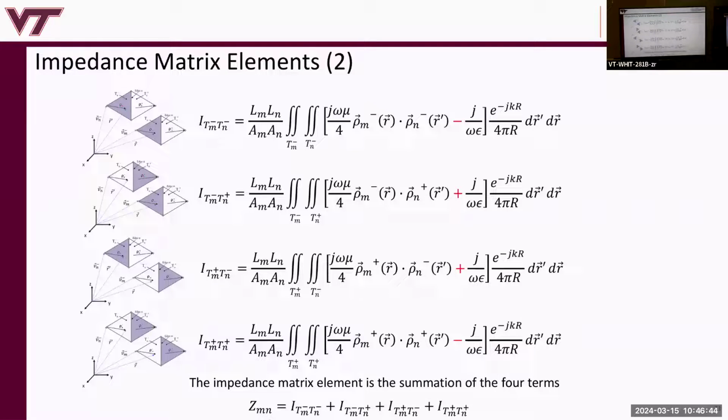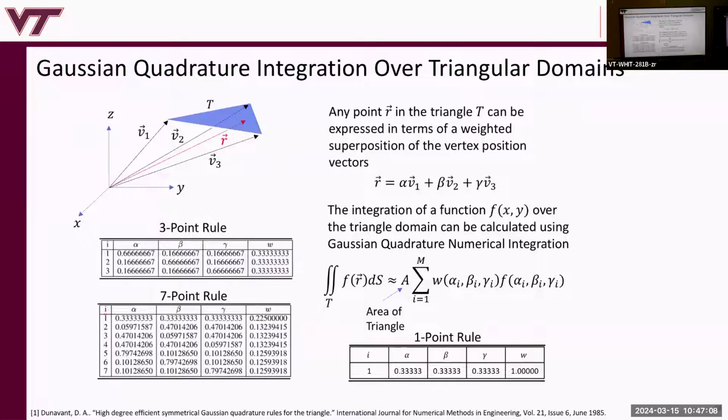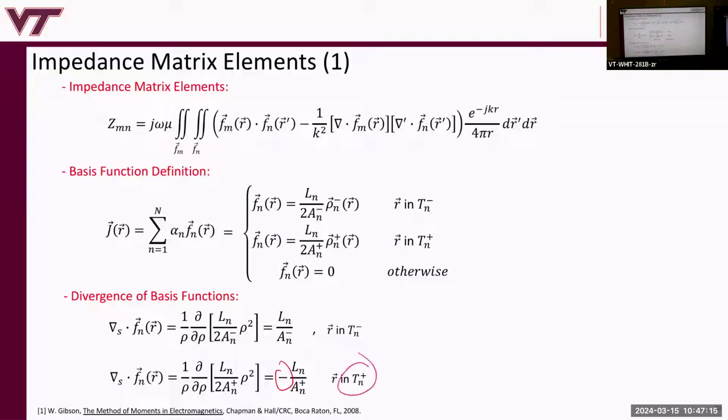Now, why is there minus here, plus, plus, minus? Well, if you look here, this one has both left sides, so it's a minus triangle, minus triangle. Remember, in the basis function definitions, one triangle is defined as the minus triangle, one is the plus. The left side here is the minus triangle, this one's the plus. If you look at the divergence formulae, you'll find there's a minus sign whenever you're in the plus triangle.